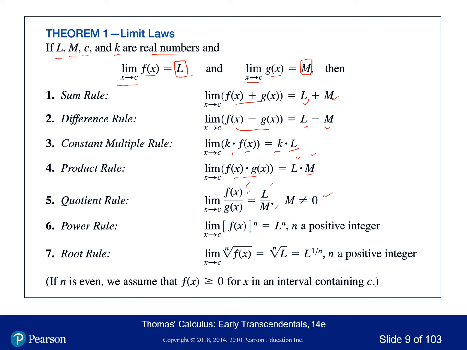And of course n is assumed to be even in this case, and we assume also f of x is greater than or equal to 0 because we don't want anything less than 0 under the root. Here it's not the square root but the nth root. Where n is even, that means we don't need any negative value underneath. That's why f of x must be greater than or equal to 0.